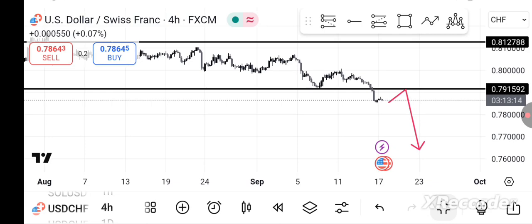So the thing is that this video is for you to learn how to mark out your support and resistance, which is much easier to do on a higher time frame than on a lower time frame, because you won't be able to get good levels.